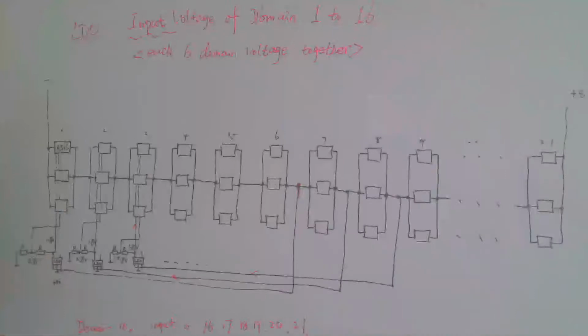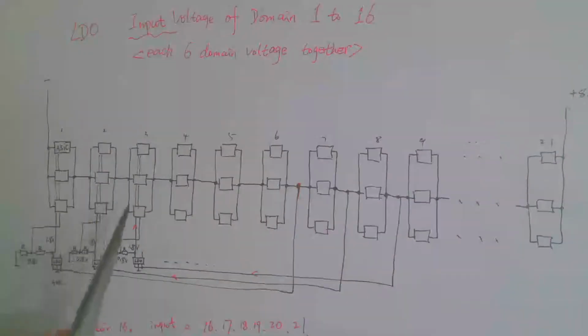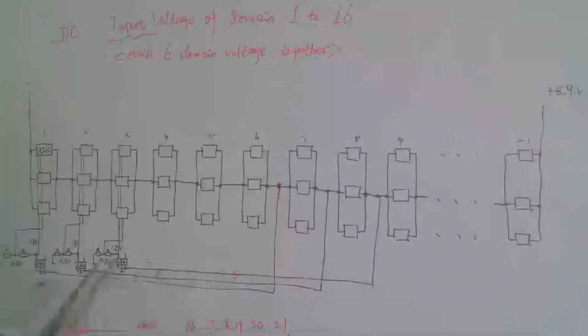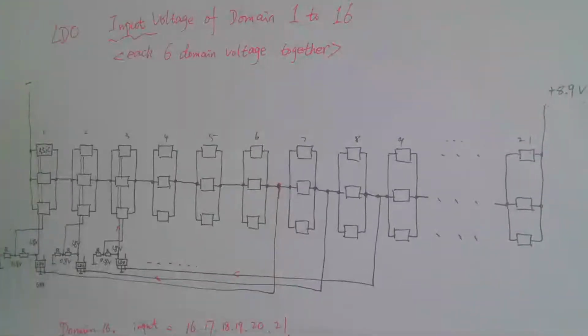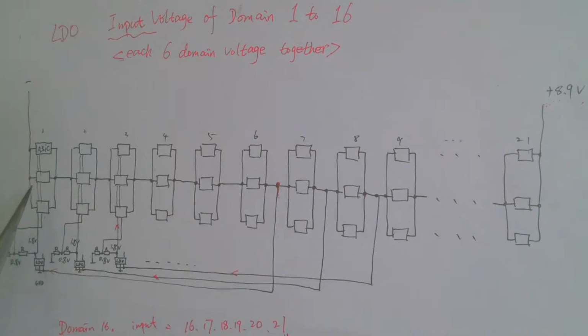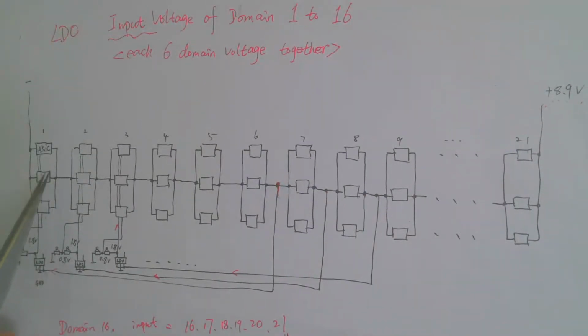As we know, there are 21 domains on the S9 hashboard. So the third input voltage to the chip is the domain voltage.